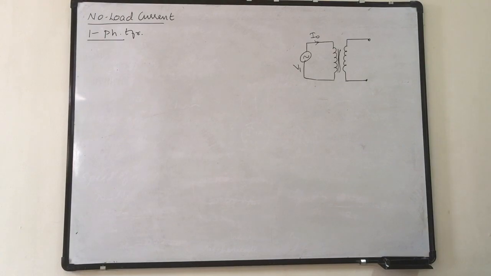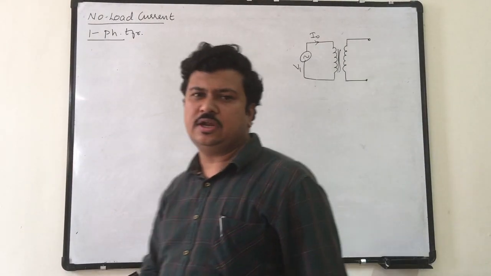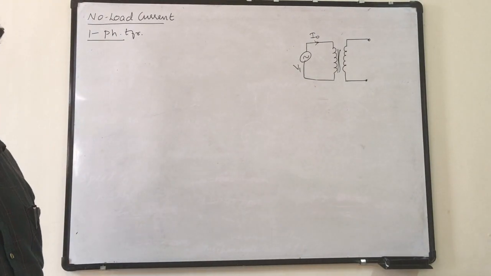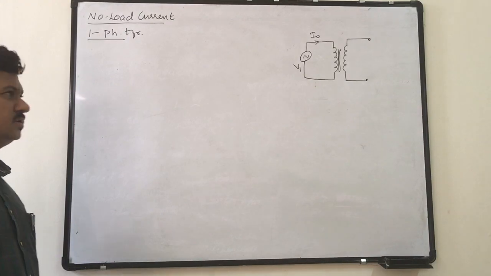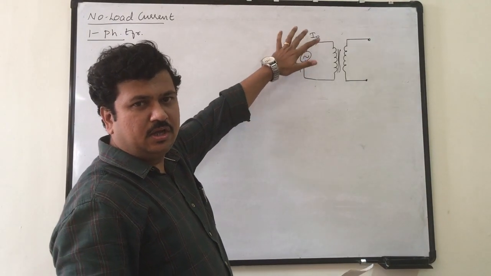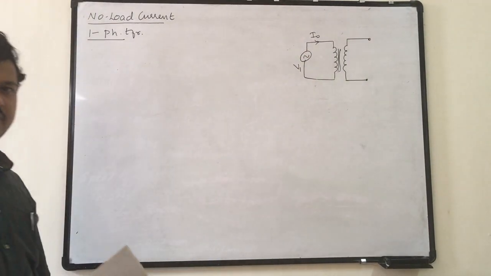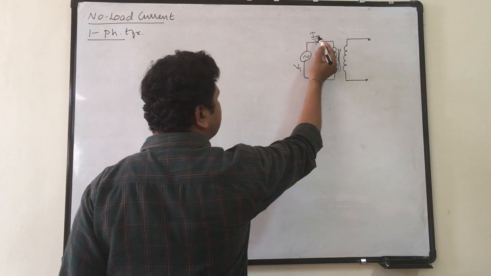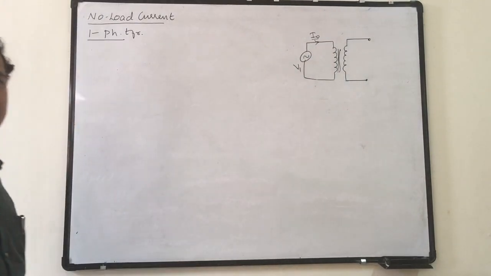This no load current will be drawn by the transformer the moment the source is connected to the primary winding, irrespective of whether there is load or not on the secondary side. So this is the minimum current drawn by the transformer from the source, even when the load is off. This primary current drawn at no load is called no load current, or I0.